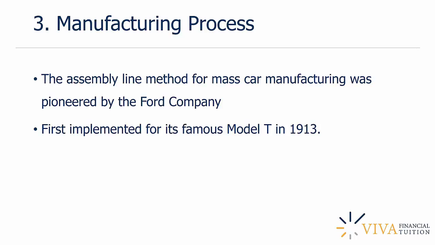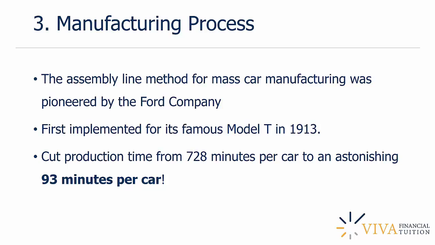This was a really revolutionary implementation, this new system of manufacturing, the assembly line method, specialization all the way through the assembly line, different people focusing on very small tasks at each stage, and it reduced the time of production absolutely drastically from an average of 728 minutes per car to an astonishing 93 minutes per car back in the day for the Model T in 1913. And of course the rest of capitalist industry really followed suit after this and tried to replicate the Ford manufacturing philosophy.